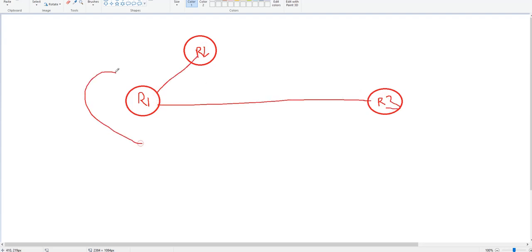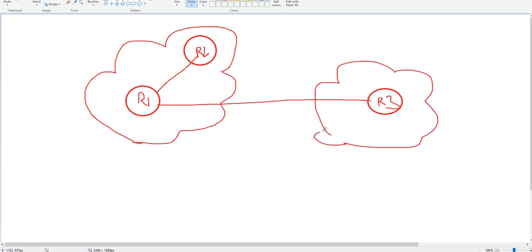Router 1 and router 2 are part of one AS and router 3 is part of a different AS. Let's name it AS 100 and this AS 200. So router 1 and router 2 both belong to AS 100, and router 3 belongs to AS 200 as per this topology.